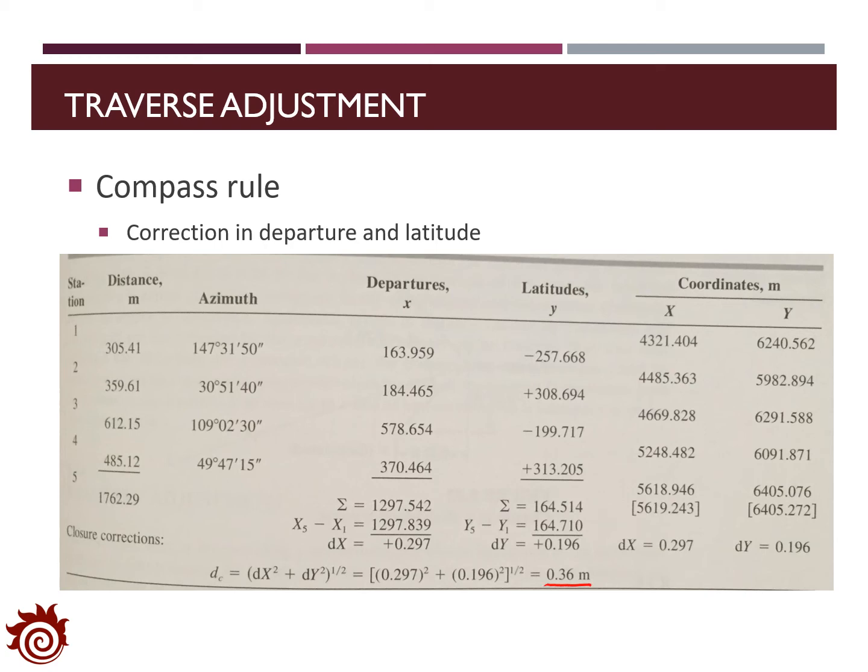We also can find out dx is 0.297, dy is 0.196, and the value here is just the total closure error at the x-coordinate, and this one is the total closure error in y-coordinate.